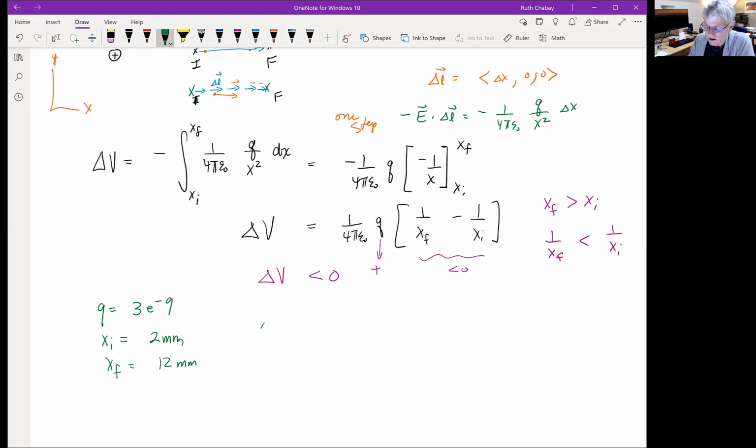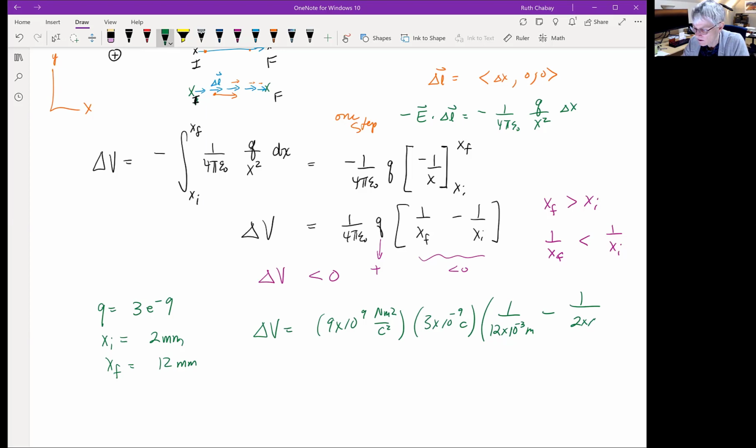Then we'd just say delta V is equal to, we'd plug in 9 times 10 to the 9 newton meters squared per coulomb squared times 3 times 10 to the minus 9 coulombs times 1 over 12 times 10 to the minus 3rd meters minus 1 over 2 times 10 to the minus 3rd meters to get our answer.